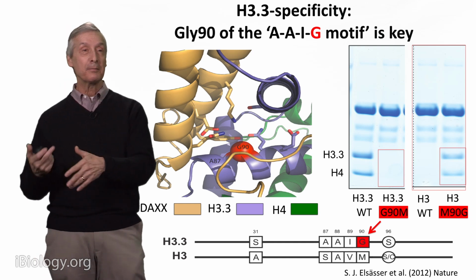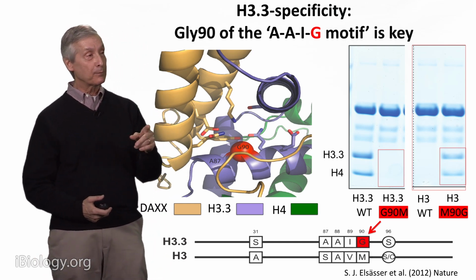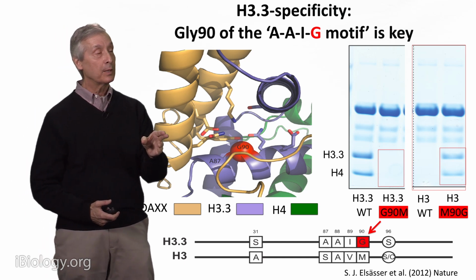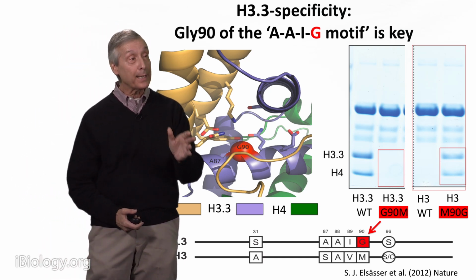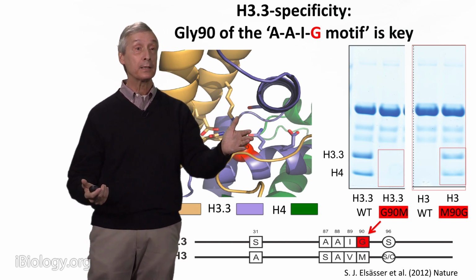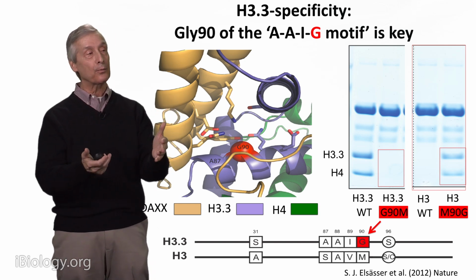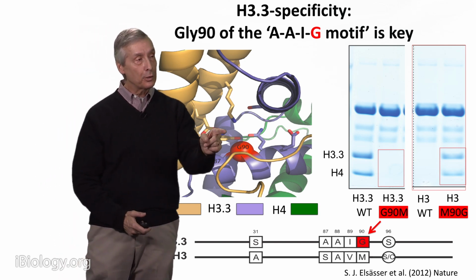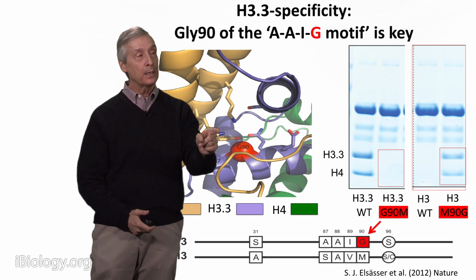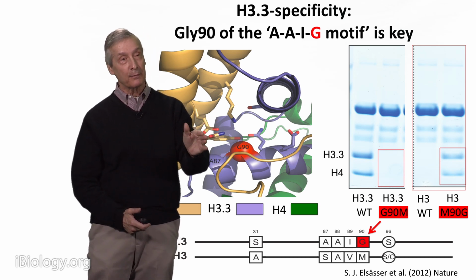And then Simon did the mutagenesis game in the other direction. He said, well, on the right-hand pair of 2 gels, let me now start with the regular H3, and in the leftmost lane there, you'll see no binding. It doesn't bind. It's remarkable to me. DAX doesn't care about regular H3 until, in the very rightmost lane, you give the regular H3 that glycine it never had.